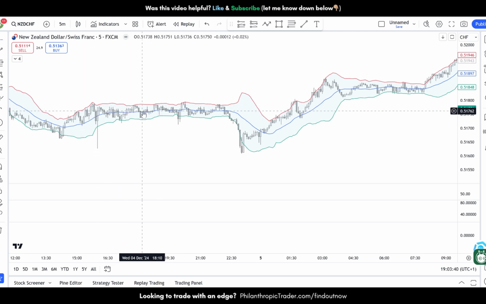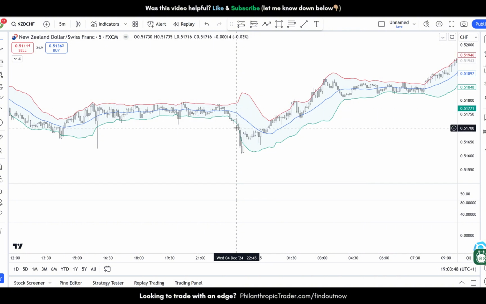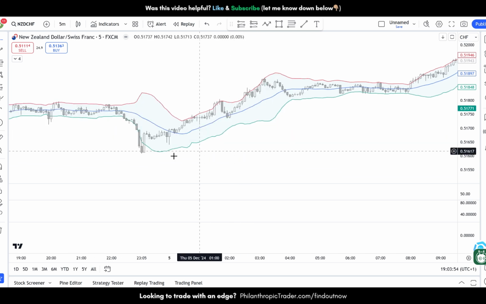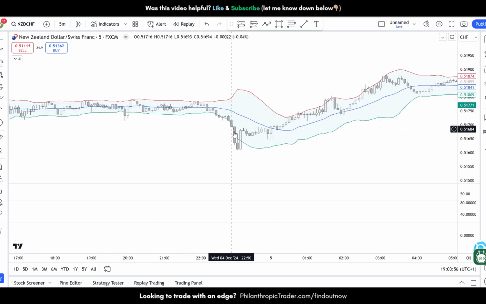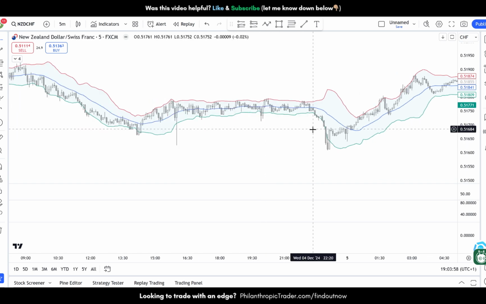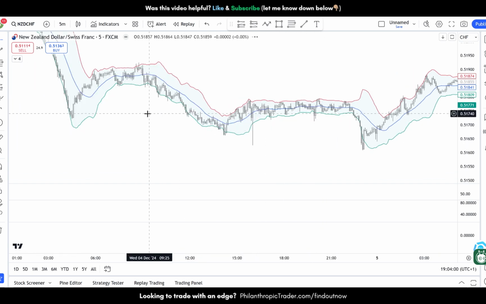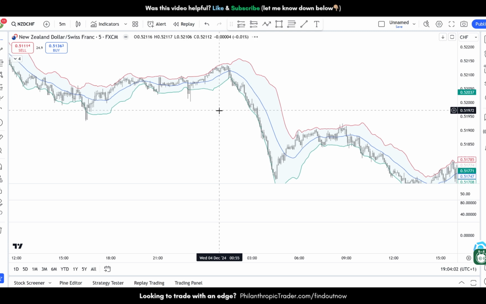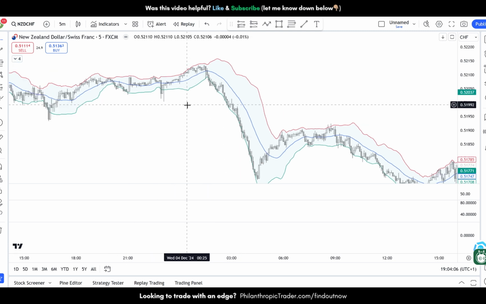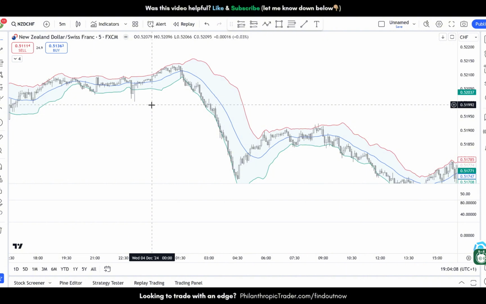So over here we have a range, right? We also see that the band is not expanding until we reach this point, and we see that the bands become bigger, and then we also see that the bars become bigger as well, the candlesticks. So that is the purpose, and that is what makes this indicator useful: you do not trade when there's a range, right?